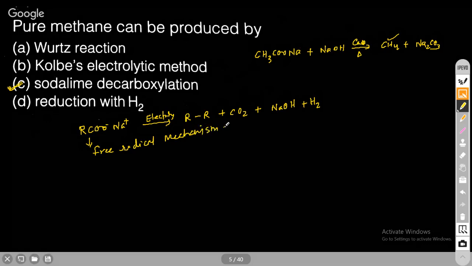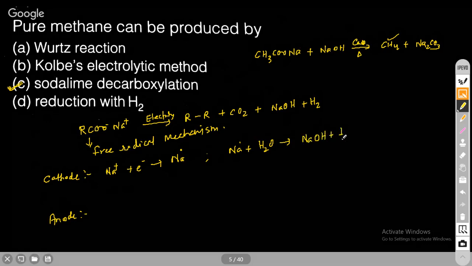And since we have electrolysis, you will have some reaction at the cathode and some reaction at the anode. Right? So at the cathode, the reaction is this: Na plus accepts an electron and forms Na radical. This Na radical takes H2O and forms NaOH plus half of H2, hydrogen.